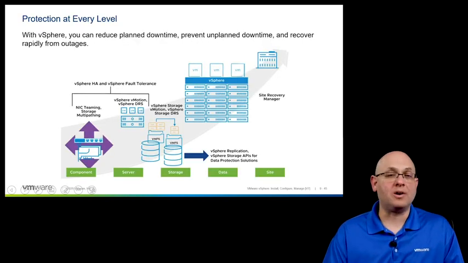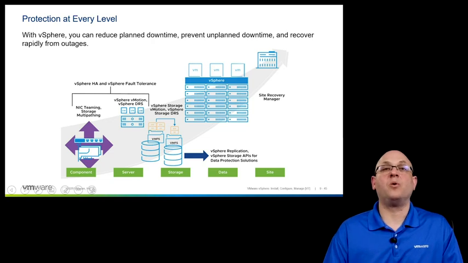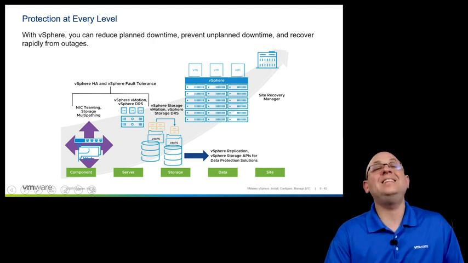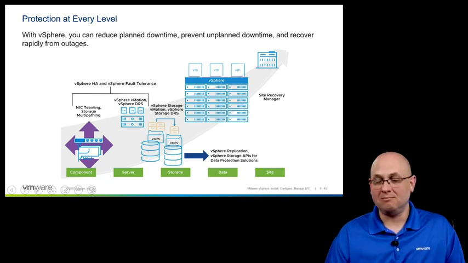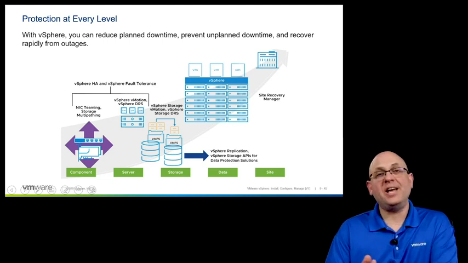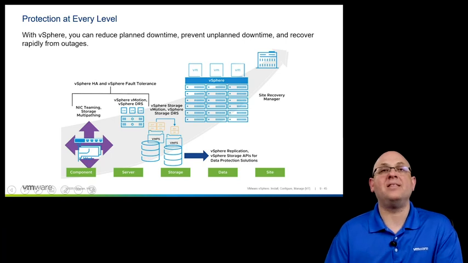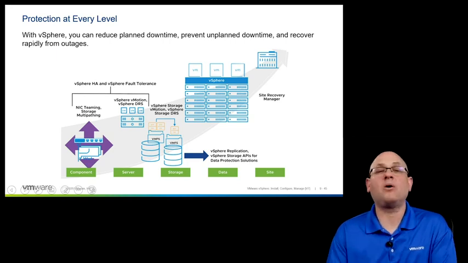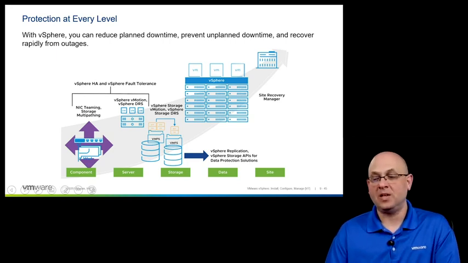It's really important, and I've said it several times throughout the course of this lecture, that we avoid single points of failure in the entire environment. HA is one component of that, which avoids the ESXi host itself as the single point of failure. But there are other places.